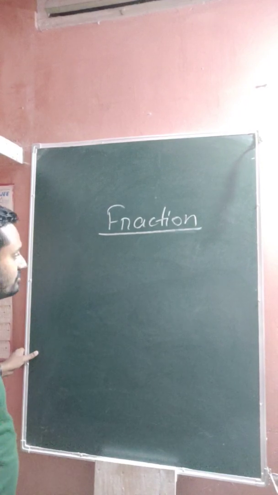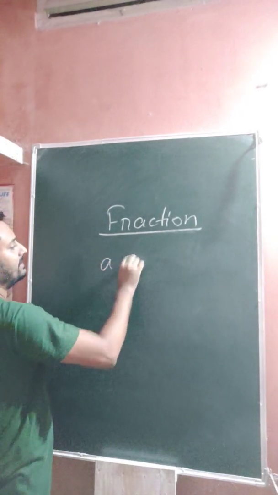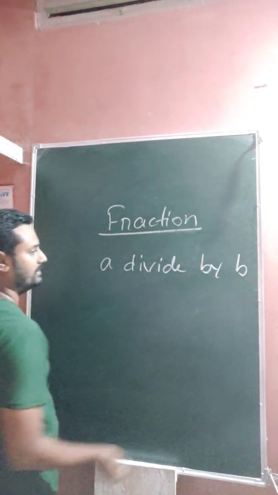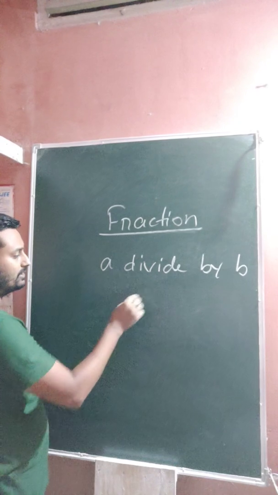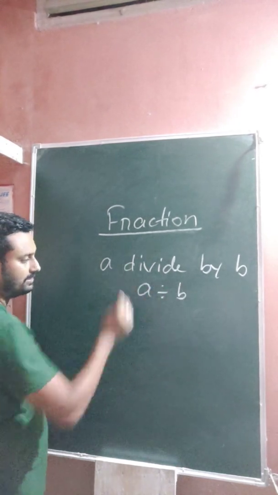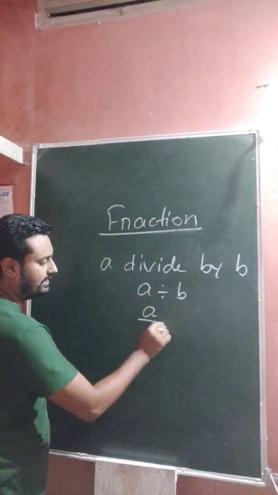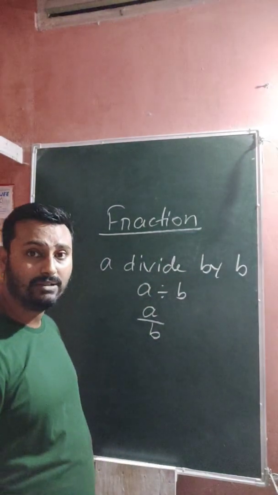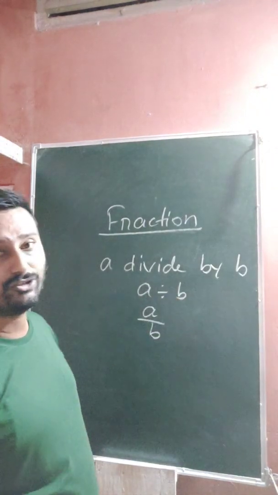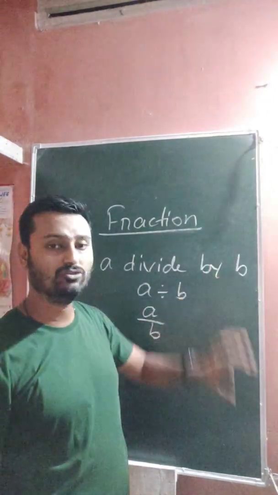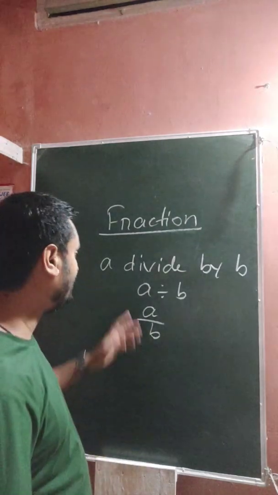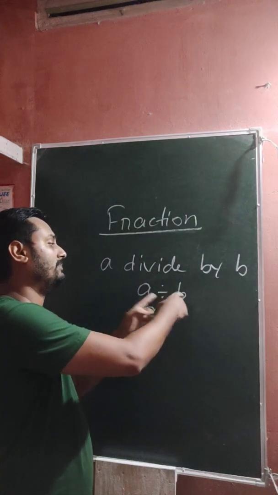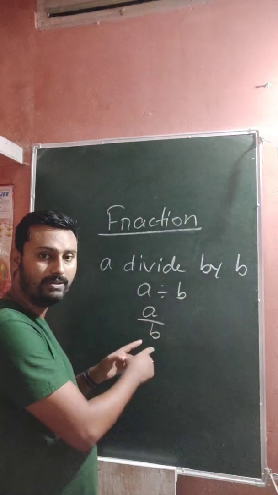Okay. Suppose one statement is A divided by B. So what is the mathematical expression of this? A divided by B, like this, or you can also write A divided by B. The general statement is A divided by B. That means you have to divide A by a number, suppose B. So you can write that general statement in a mathematical way, A divided by B, this one, or you can write A divided by B, this one.